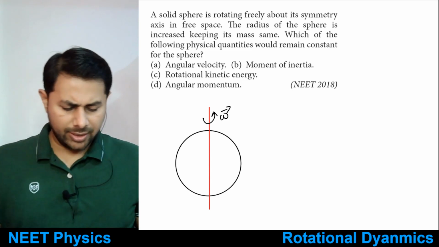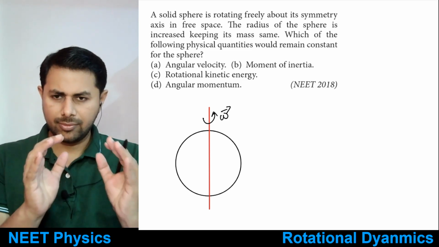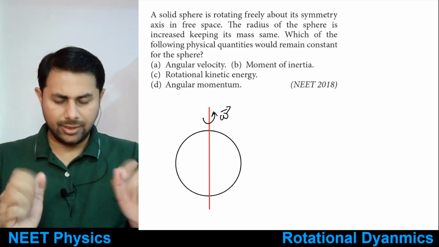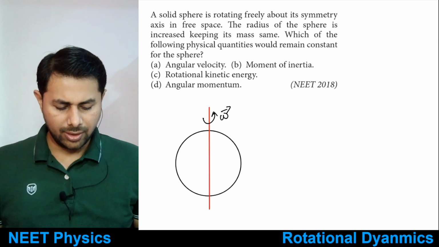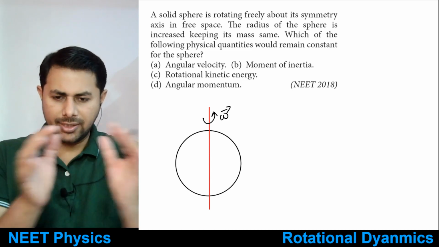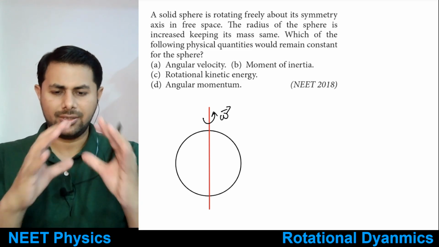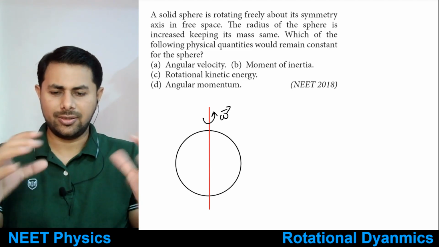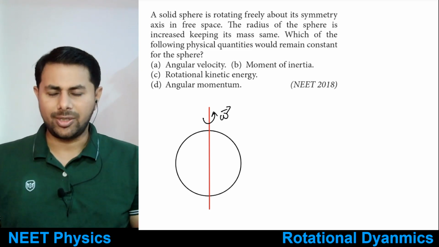You can think of it this way, that suppose this is a sphere, and it's rotating. Now its radius increases because of some internal reaction, expanding in all directions uniformly.